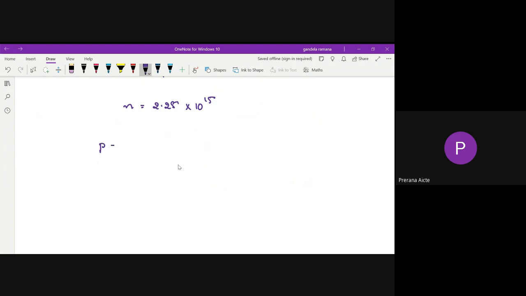Same way, P is equal to Ni square by N. So what is Ni?